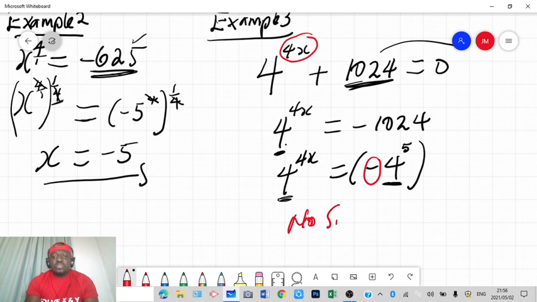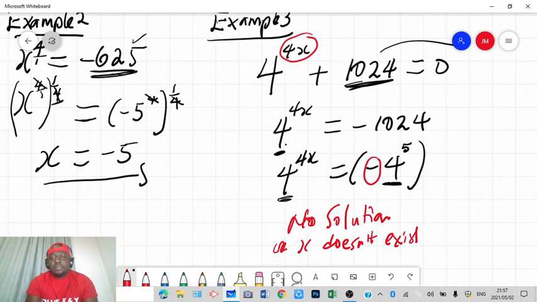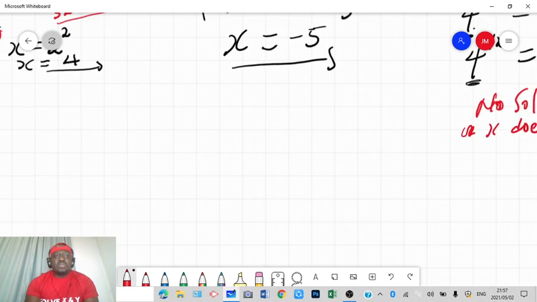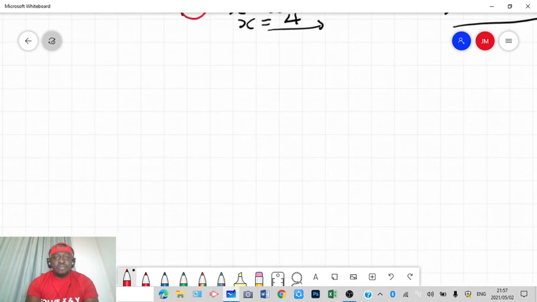So we say no solution. x does not exist. Alright, and you could have such a type of question in an examination. You just have to pay attention to how the question is given.